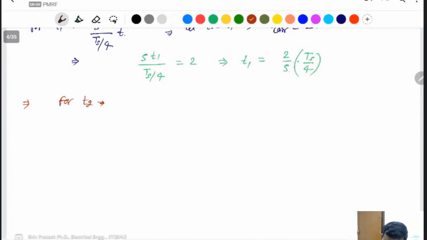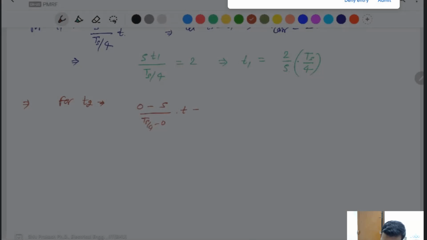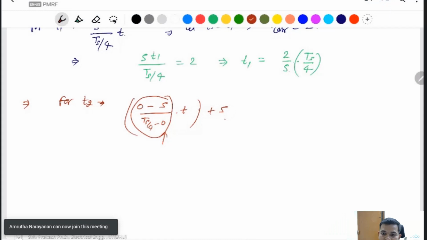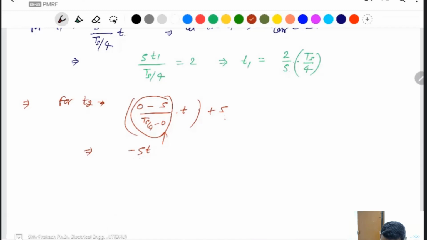Then you can say 0 to 5, divided by the same time period, Ts by 4 minus 0, into T. So y = mx + c, where m is the slope of this one. Then you can say the equation is 5t divided by Ts by 4, plus 5.